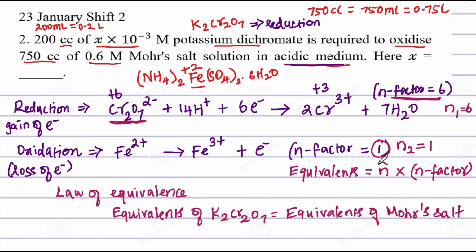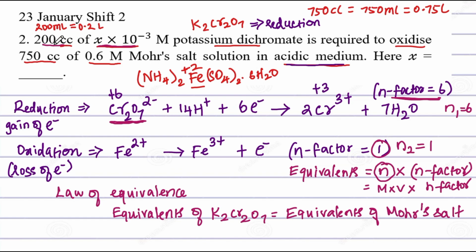Now in this formula, number of moles is also mentioned. How can we find the number of moles? Because in the question, number of moles is not given directly. Volume and concentration in molarity are given. So we can find the number of moles from that, because molarity is equal to number of moles by volume. So number of moles is equal to molarity multiplied by volume, and this is multiplied by the n factor.